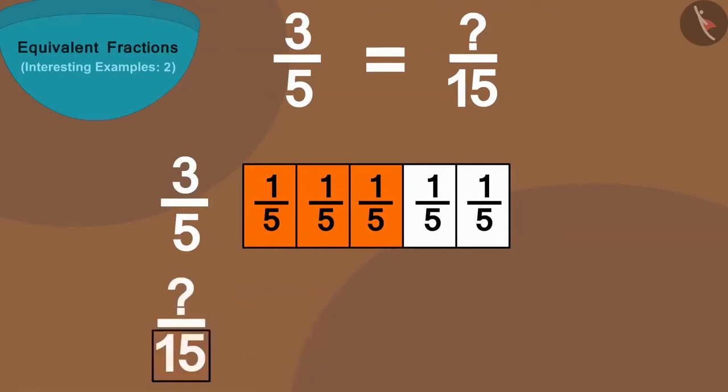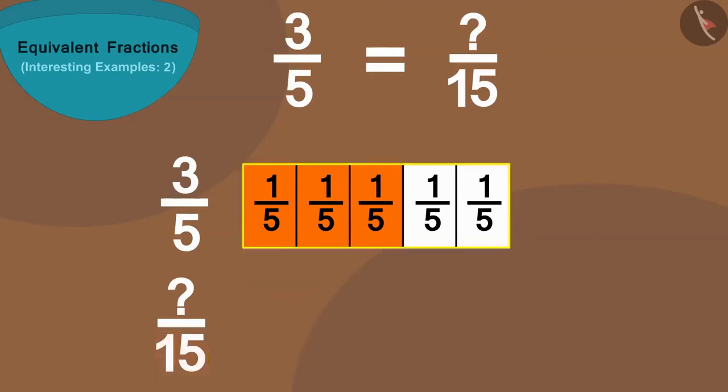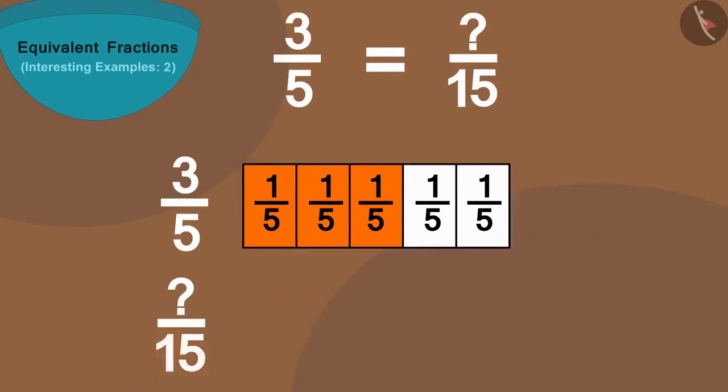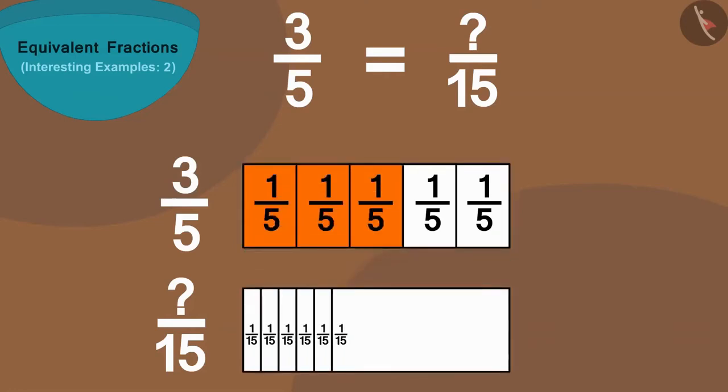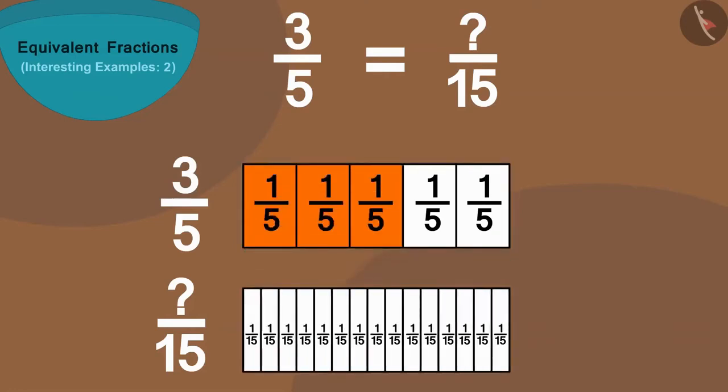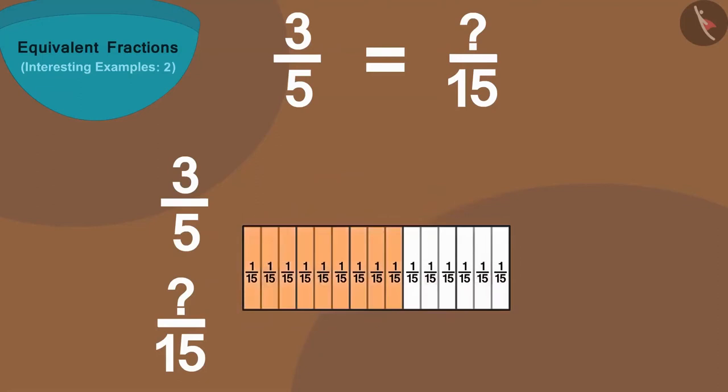Come, let us make a strip of equal length of this strip just below it and divide it into 15 equal parts. Now, if we put this strip on top of the first strip in this way, we will find that 15 parts of this strip are equal to 5 parts of the first strip.